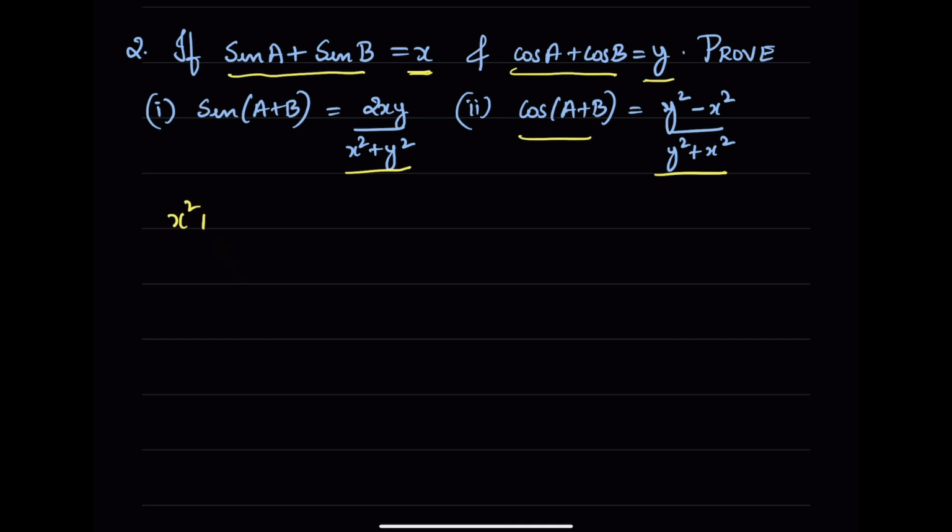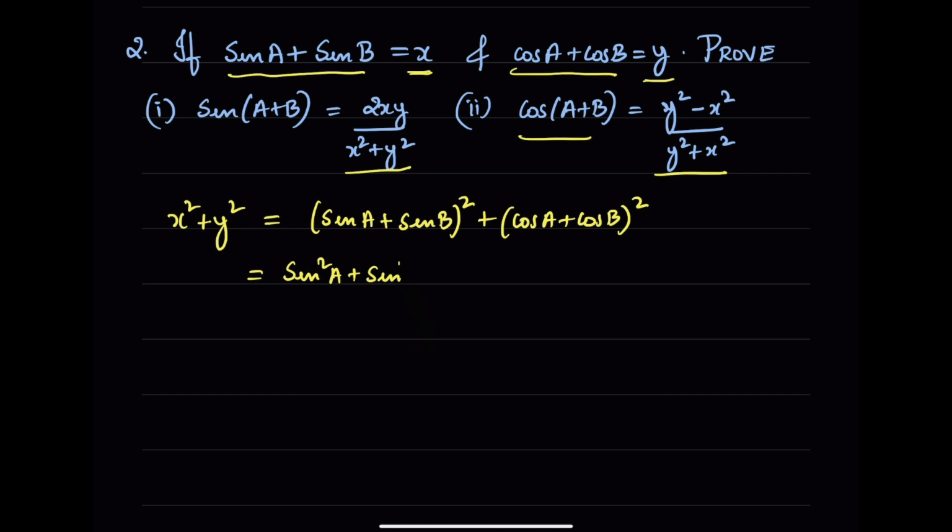So let's find out what x square plus y square is. So x square plus y square is sine A plus sine B the whole square plus cos A plus cos B the whole square. Let's solve the equation. It is sine square A plus sine square B plus 2 sine A sine B plus cos square A plus cos square B plus 2 cos A cos B. Now sine square A plus cos square A and sine square B plus cos square B, these are identities.